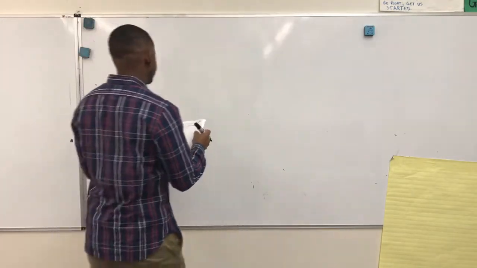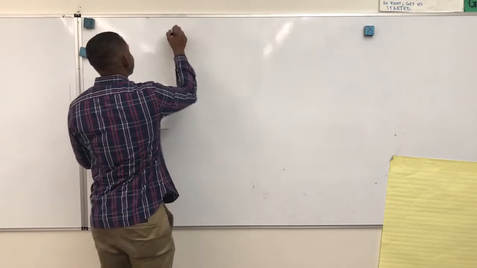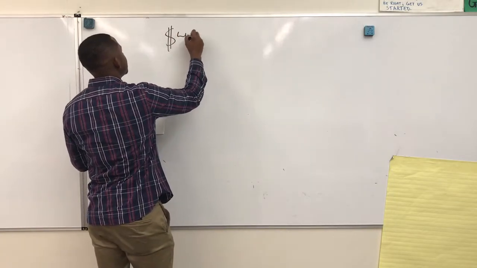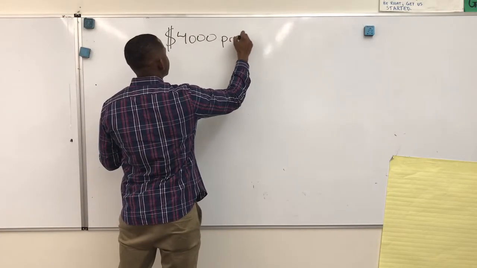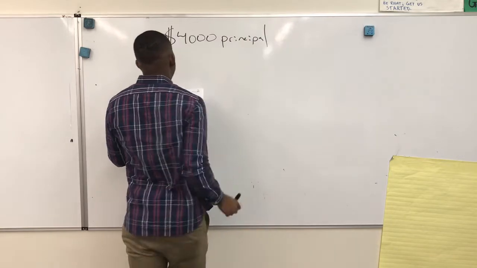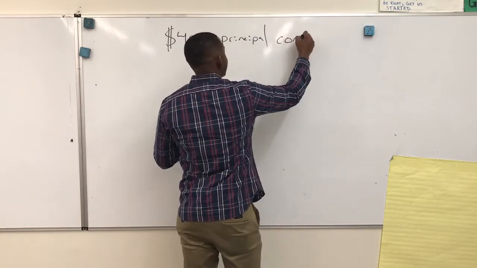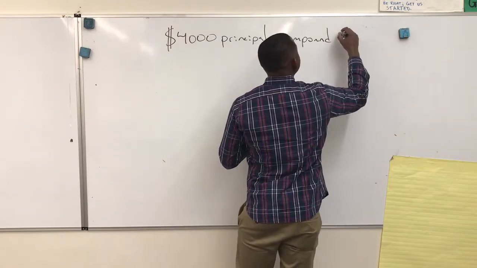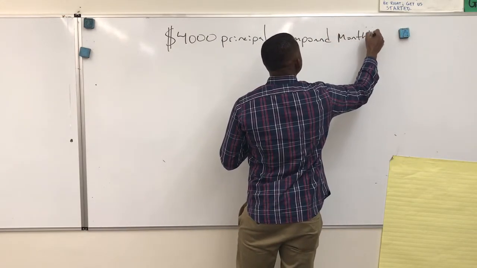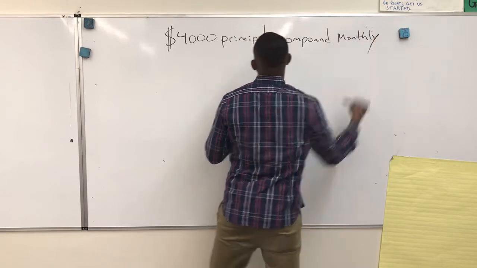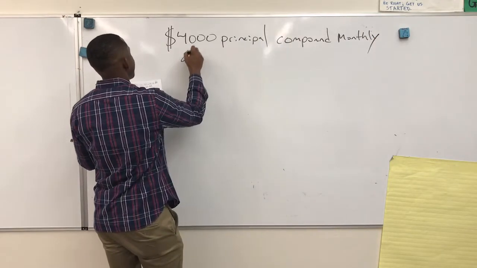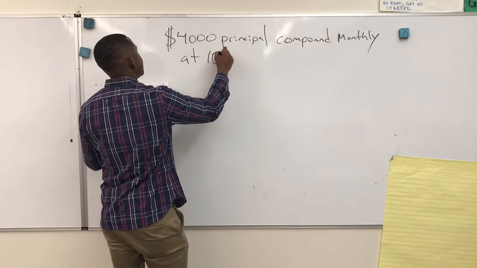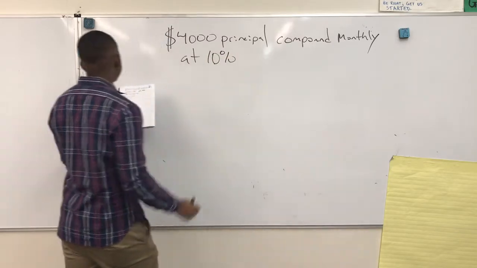Alright, so last one. I'm going to take the same $4,000 in principal, and I'm going to compound now monthly at 10%.